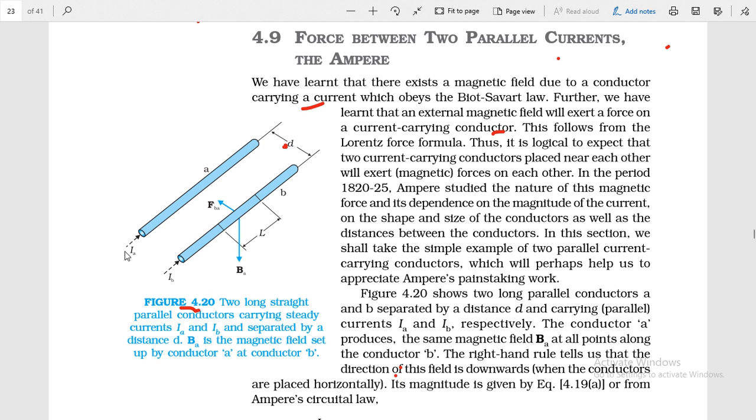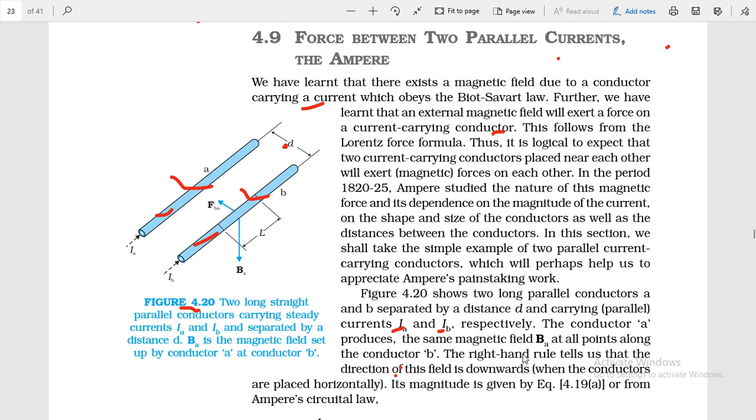Now if currents IA and IB are flowing through these conductors, then figure 4.20 shows two long parallel conductors A and B separated by distance d and carrying currents IA and IB. Since these two conductors are parallel to each other, you can say these two currents are parallel.